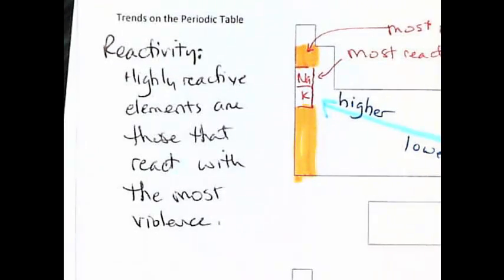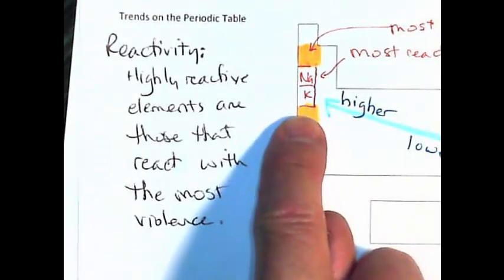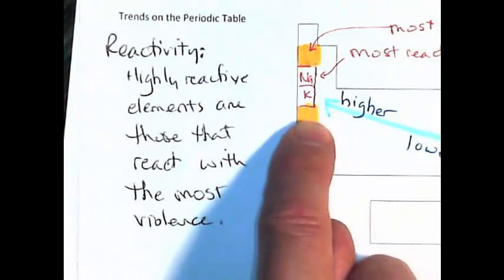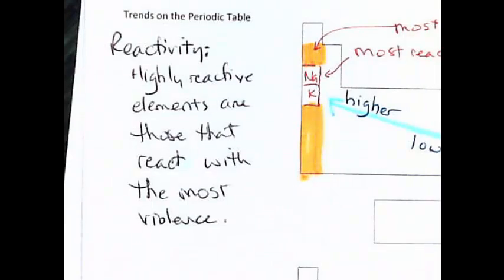Not nearly as much because of its structure, okay? And depending on how you define violence, some of the elements in this column over here might be more reactive as you go down, even more than potassium and sodium, but again, it depends on how you're defining all that, okay? Can you go back over? Over here.